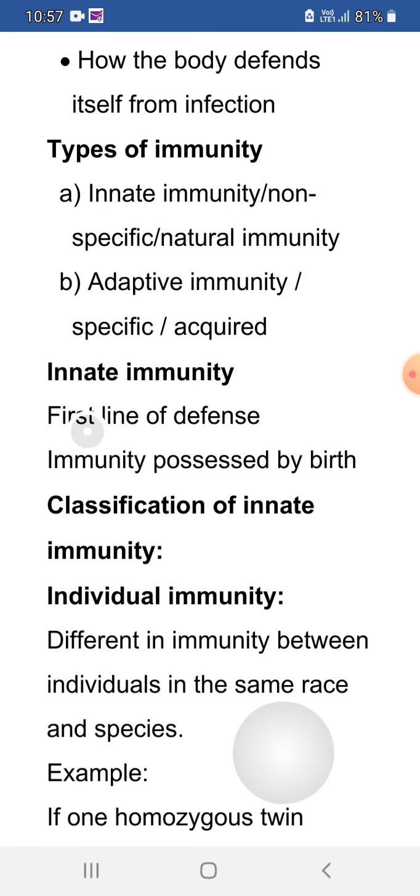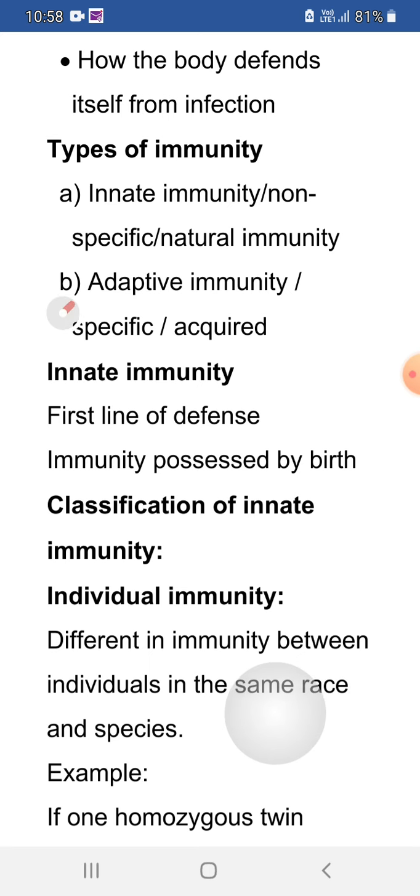To some people, this is the second line of defense. So the barrier like the skin becomes the first, the inner cells and their products become the second line, then adaptive immunity becomes third.